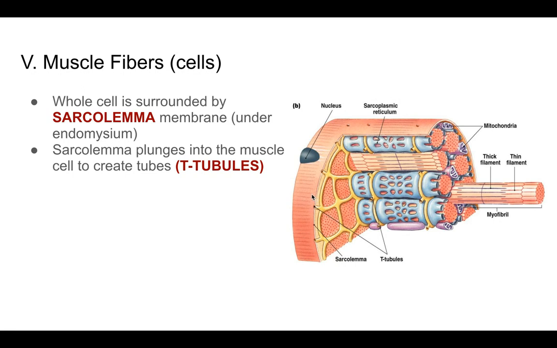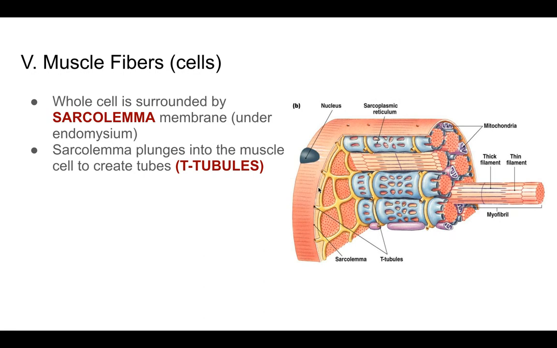Now, you'll notice that the sarcolemma occasionally plunges into the innermost part of the muscle cell, and it creates what is shown in your diagram on the screen, at least, this little yellow network of tubes. And these are called T-tubules. But it's important to remember that T-tubules are just an extension of the sarcolemma.